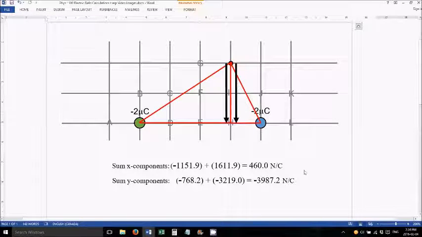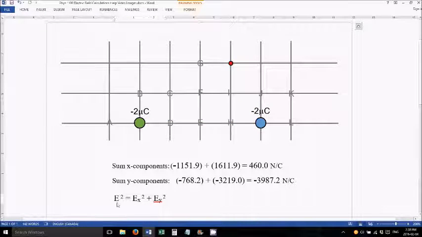So now we've got the x component and the y component of the total electric field due to both charges at this point with the red dot. So now we have to figure out what the magnitude is. So we'll just use Pythagoras' theorem for this again. It's just going to be the x component squared plus the y component squared, and then we take the square root to get the total magnitude of the electric field due to both charges at the red point.